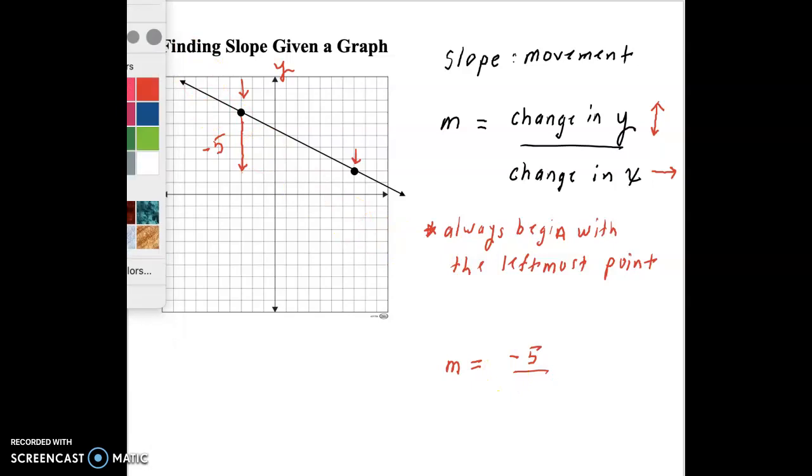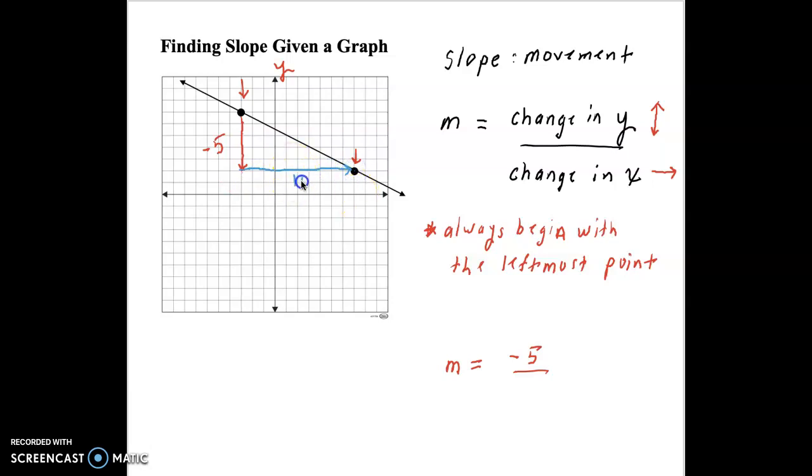Then we look at our x change, and x is always to the right. So once we take the elevator, now we need to walk to our destination. And we're going to walk in this direction right here. So when we look, we go 1, 2, 3, 4, 5, 6, 7, 8, 9, 10.